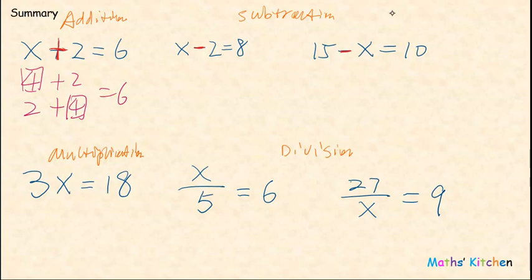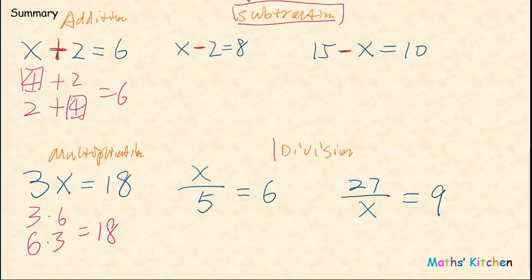For example, 3 times 6 just equal to 6 times 3 equal to 18. It's the same. What you need to be mindful of is subtraction and division. It depends on the position of x, where it's located. And division, same. X on the top as numerator or x at the bottom as denominator, a different case.